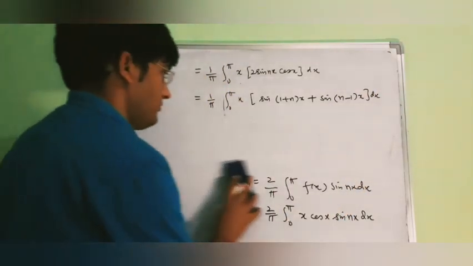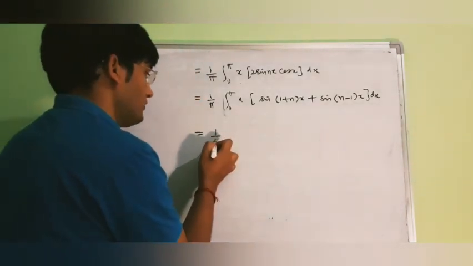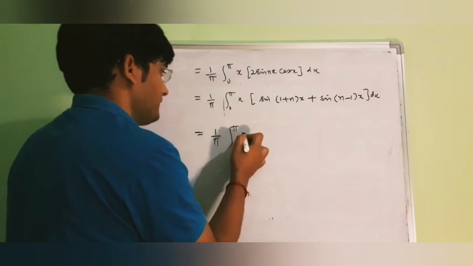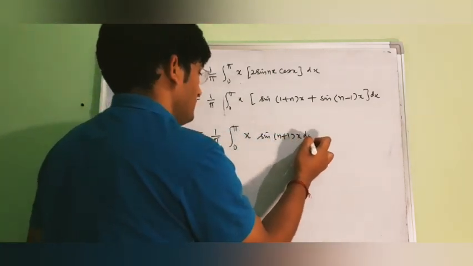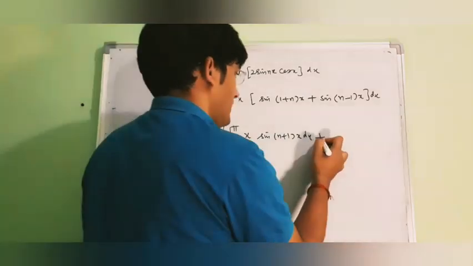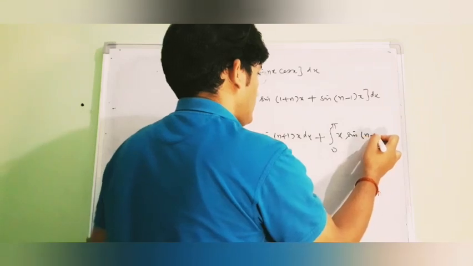So this is equal to 1 upon pi integral 0 to pi x sine n plus 1 x dx. So this is your first integral. Then we have integral 0 to pi x sine n minus 1 x dx.